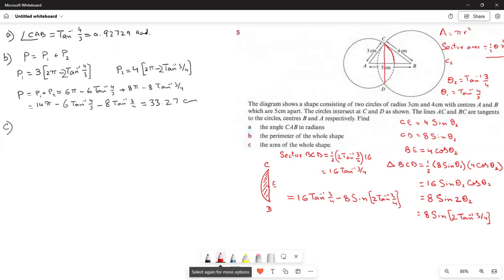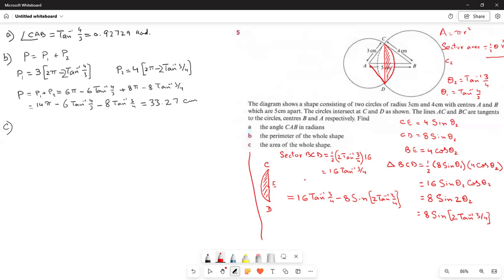And remember, these two shapes are not the same because one circle is big, one circle is small. Again, I will find the area of this triangle and then the area of this sector.